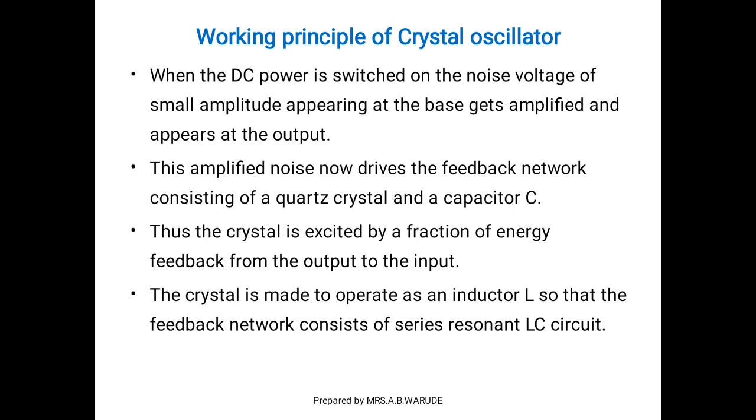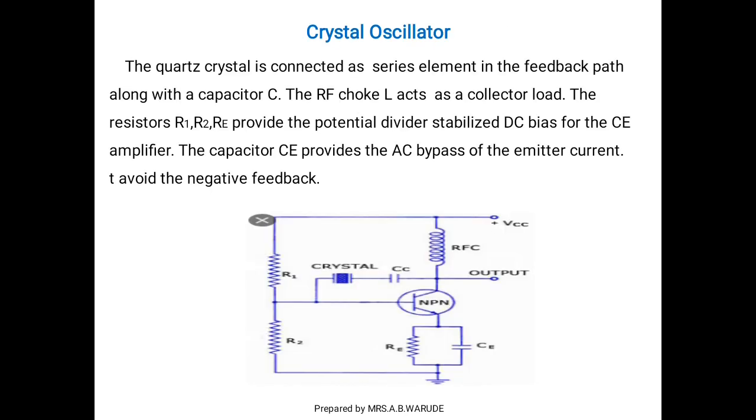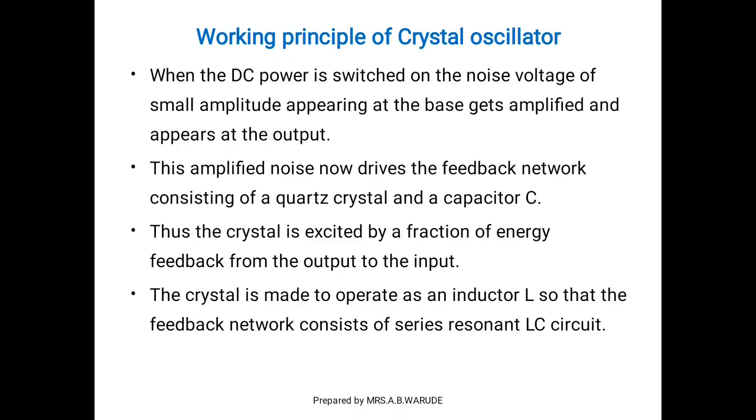This amplified noise now drives the feedback network consisting of a quartz crystal and capacitor. For that, observe the diagram. Here in the feedback network a capacitor is used and the crystal is also used, and thus the crystal is excited by a fraction of energy fed back from the output to the input, because it is in the path of that feedback.